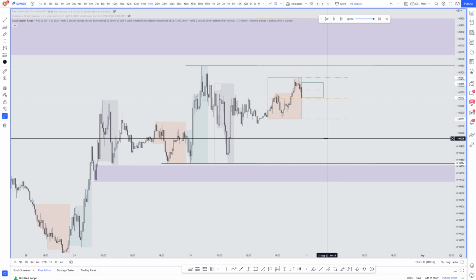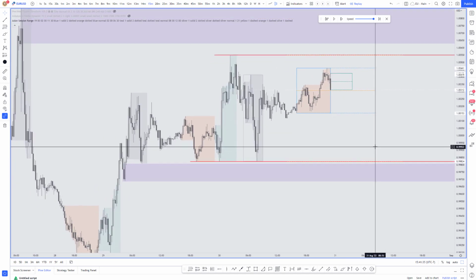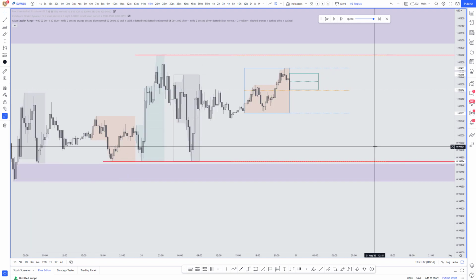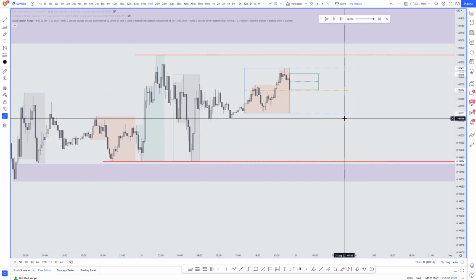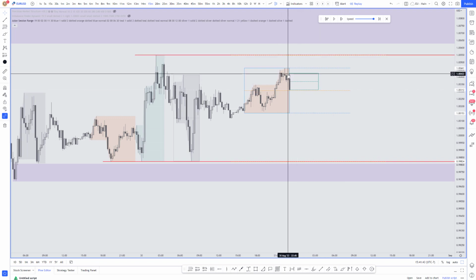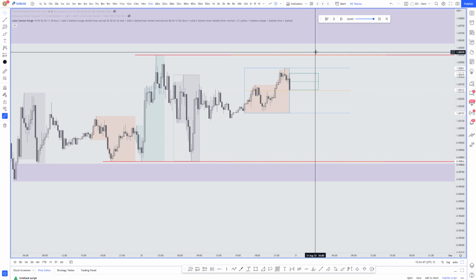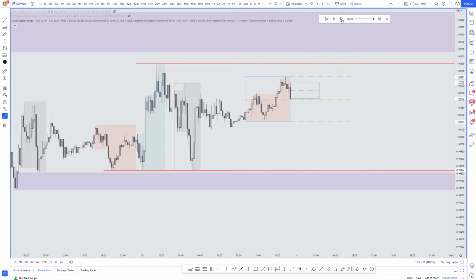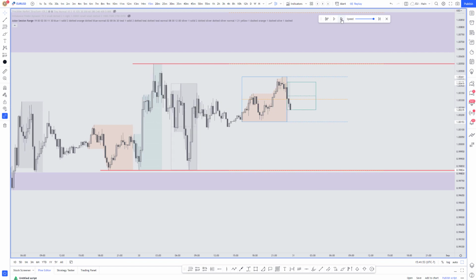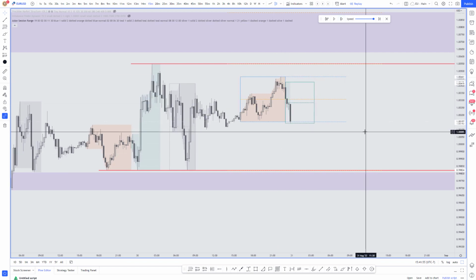All right, Frankfurt opens. You have a pretty aggressive open to the downside. With your candlestick language, if you're an aggressive trader and you're looking to get in, this may be the first confluence to look for shorts. If we're looking to be smarter and safer, let's wait for it to break out of Asia. All right, so the aggression continued.